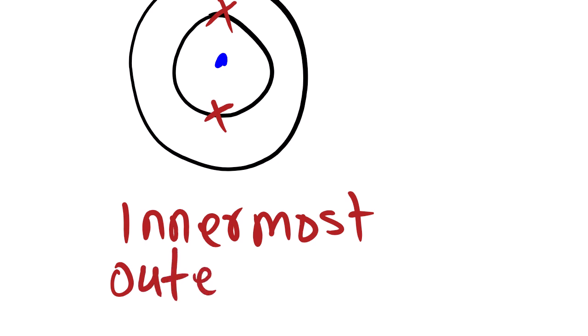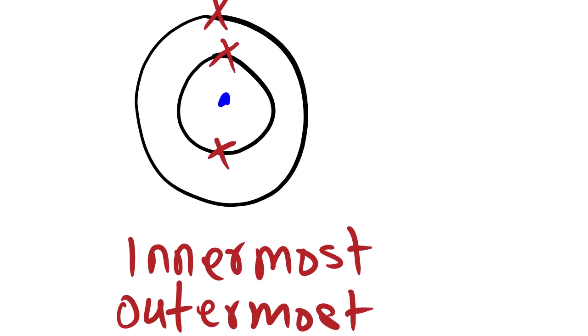So when I say outermost, I mean the one that is the most outside. So the innermost shell always houses 2 electrons. Then the second shell can house 8 electrons. But in the case of lithium here, we only have 2 electrons left, so in the outermost shell we just put a single electron.